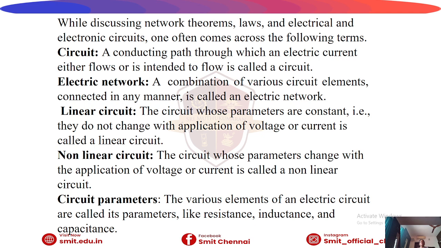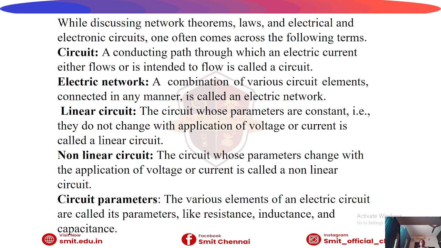Circuit. A conducting path through which an electrical current either flows or is intended to flow is called a circuit. Electric network. The combination of various circuit elements connected in a manner is called an electric network. Next, linear circuit.